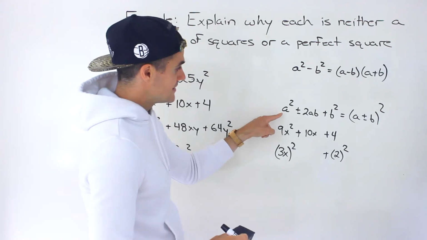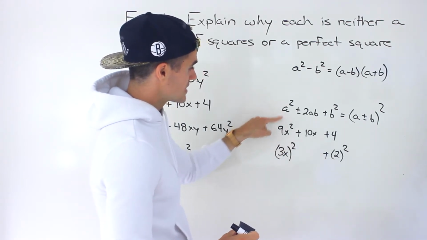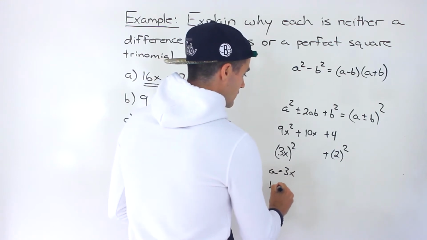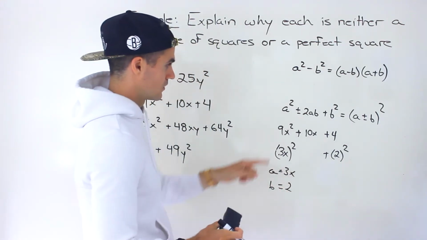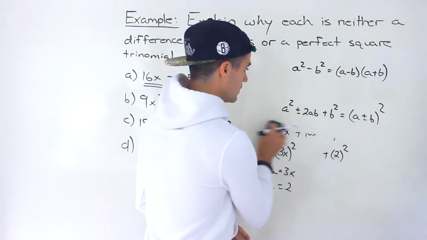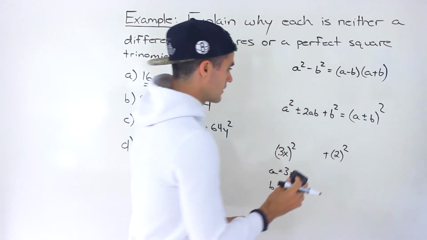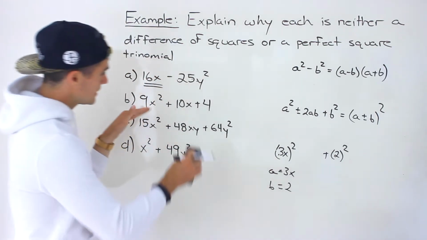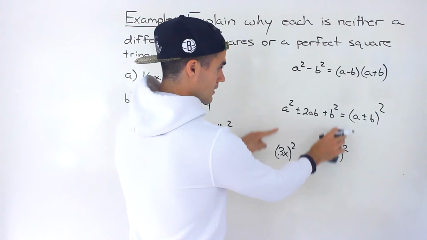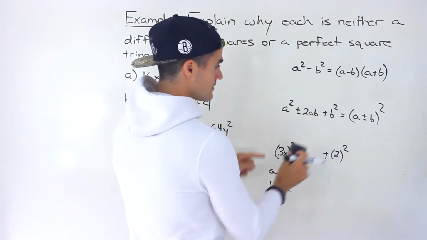With the ends, notice that the a value has to be 3x and the b value is 2. We could even erase this here so you're not getting confused. I took the ends and rewrote them so I can get the a and then the b.